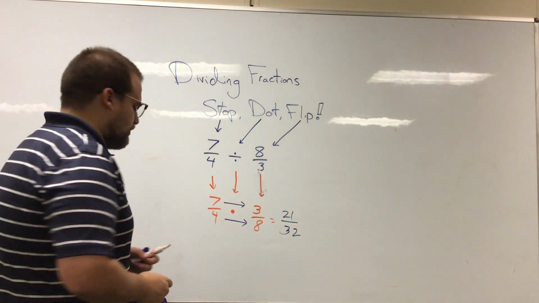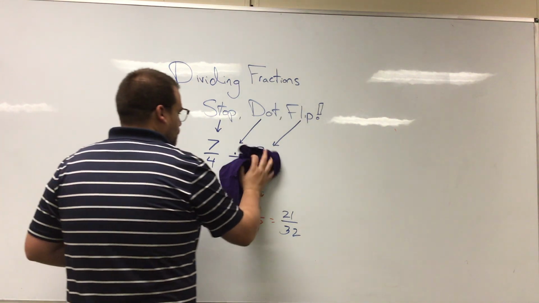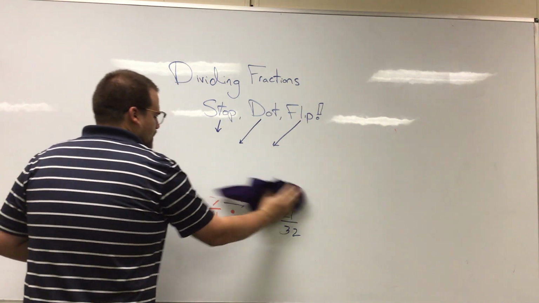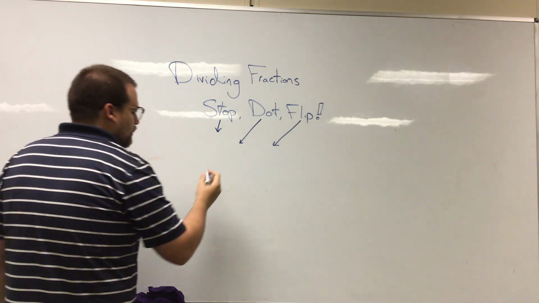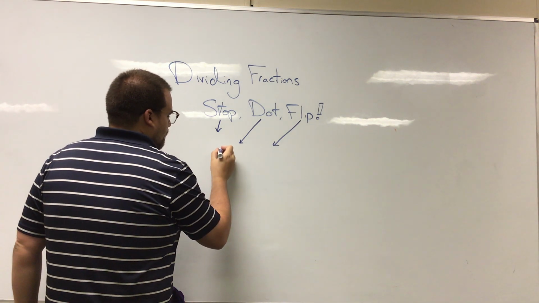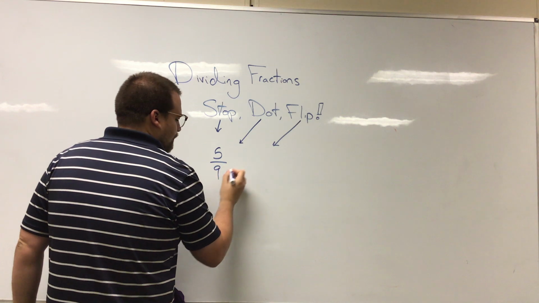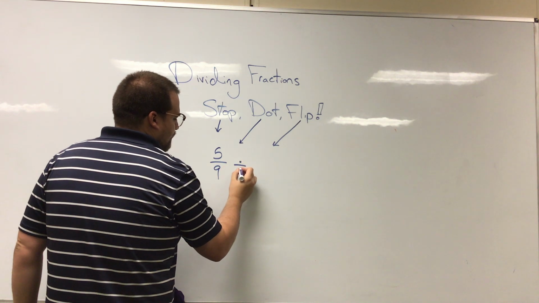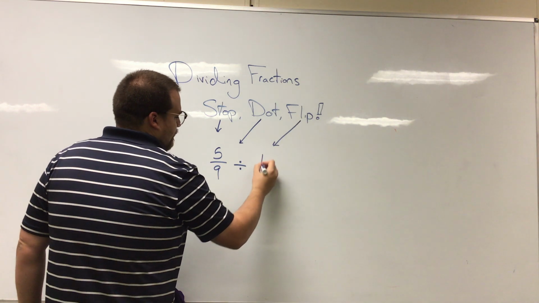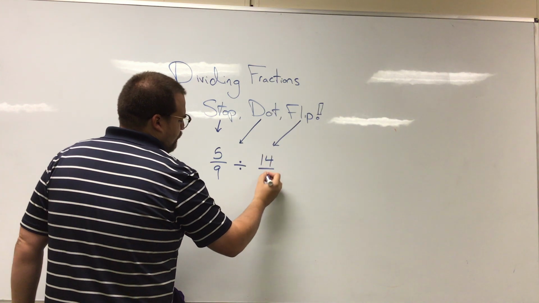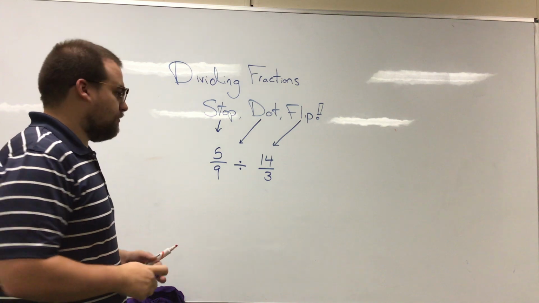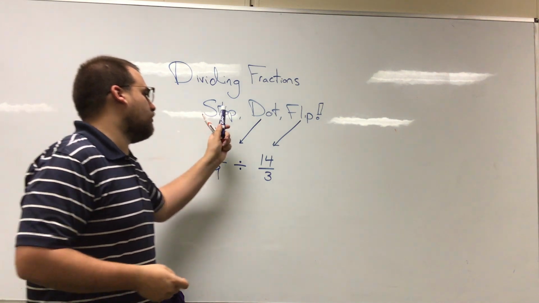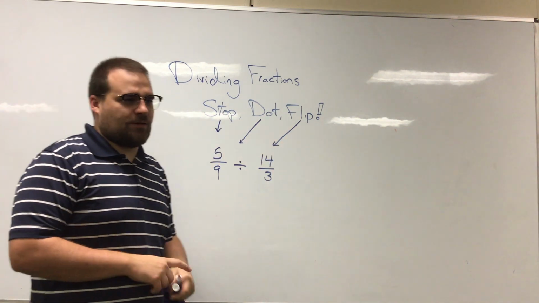Let's do one or two more examples here. So let's say we have 5 over 9 divided by 14 over 3. All right, well, let's follow our order. Stop, dot, flip.